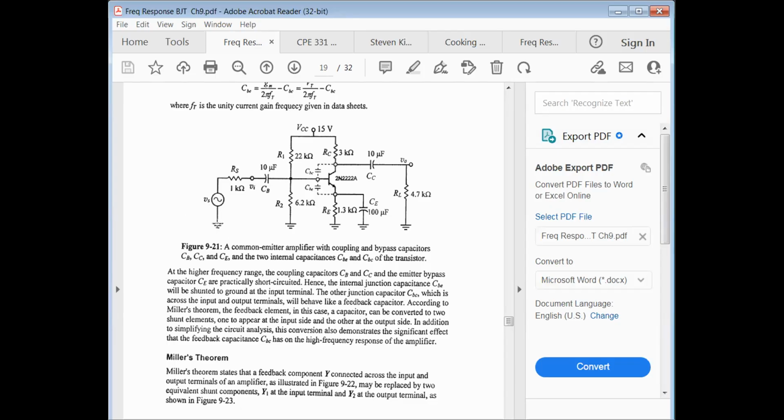So what happens as a function of frequency? Well, the way this circuit is supposed to work is, as I change the frequency of my input source here, this signal comes here, causes base current to flow, and the base current gets multiplied by beta, which causes the signal here to increase as a function of frequency. Because this capacitance is here, not all of the signal coming into the base gets amplified at the base emitter junction.